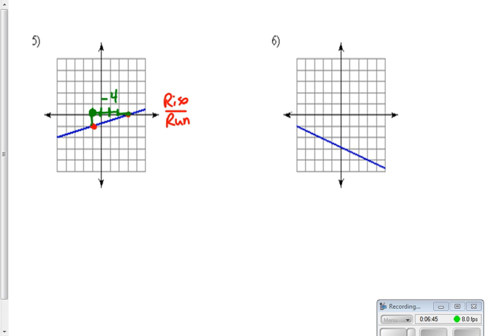Now I move down 1 point. When you move down, that is negative. So looking at my rise and run here, my rise deals with up and down. That is -1. My run, left to right, is -4. 2 negatives, when you divide, make a positive. So this is a positive 1/4. The slope is 1/4.